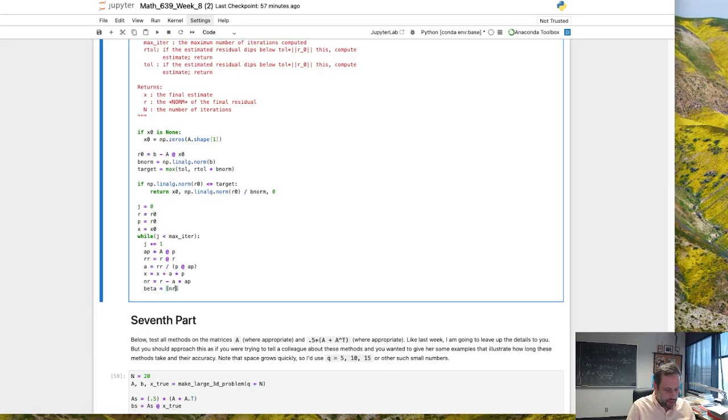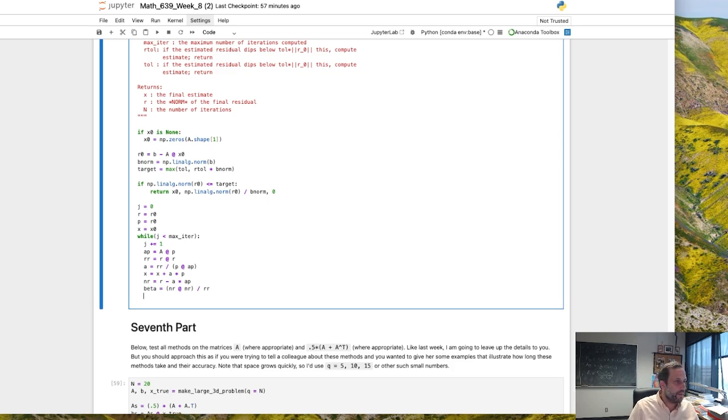So we're going to have the inner product of the new r, and we're going to divide by the inner product of r with itself. But remember, we've already computed that, so I'm just going to write this as rr. I don't need parentheses if I have it like this.